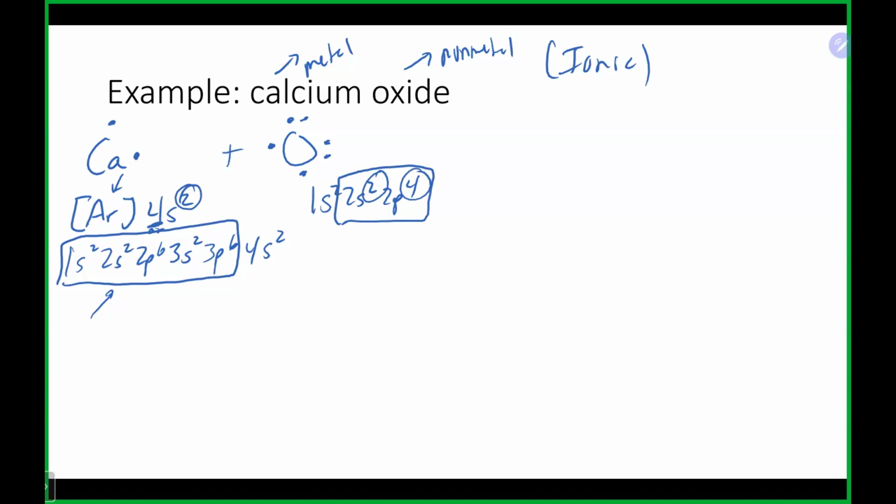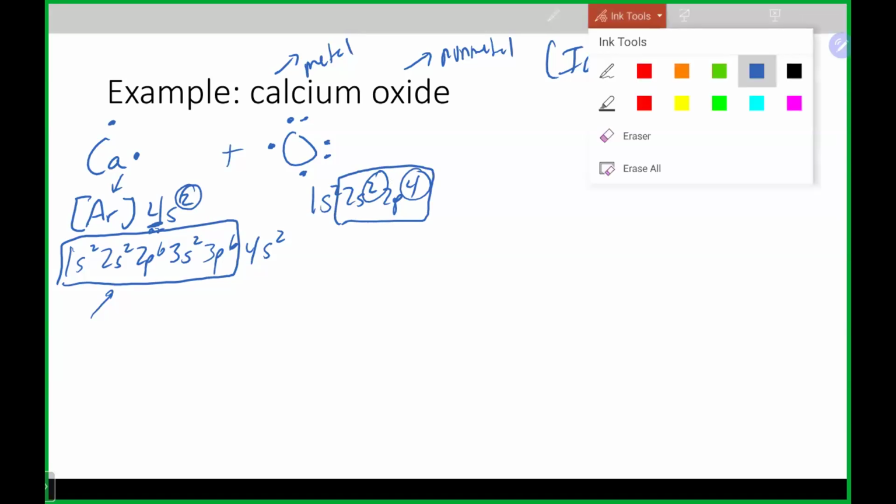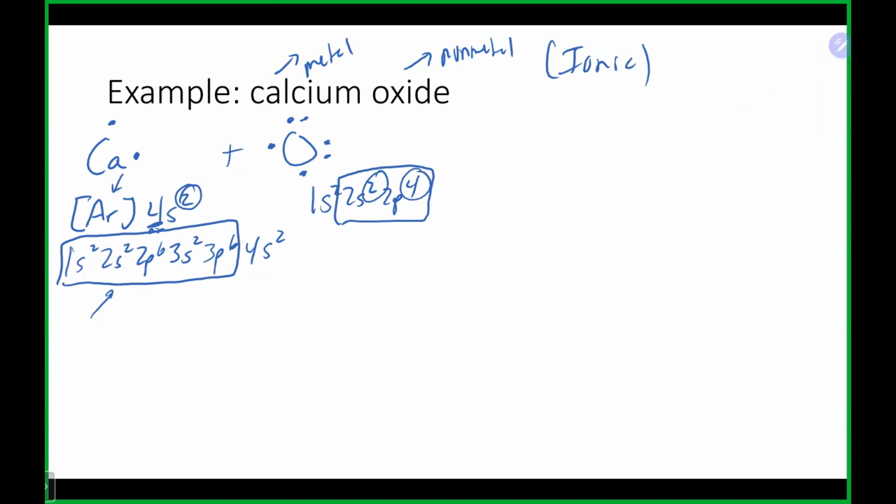Once again here, we're going to get our metal and non-metal coming together, those periodic trends and low ionization energy for calcium, and oxygen's wanting of electrons is going to cause a transfer of electrons to occur here. And at this point, we will have an electron head over to oxygen.